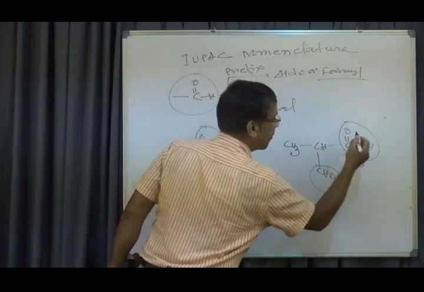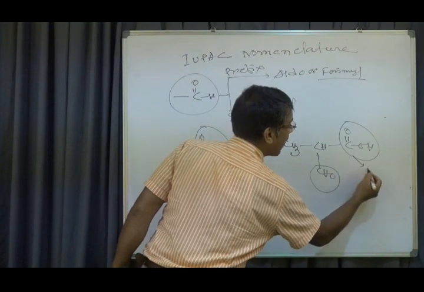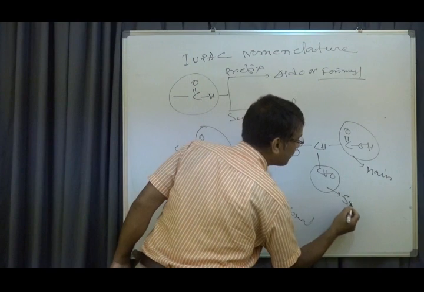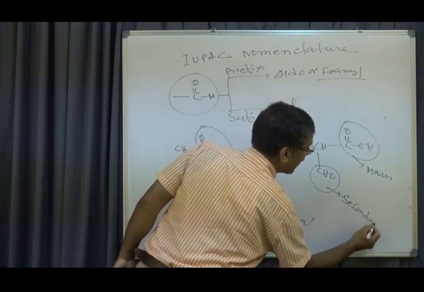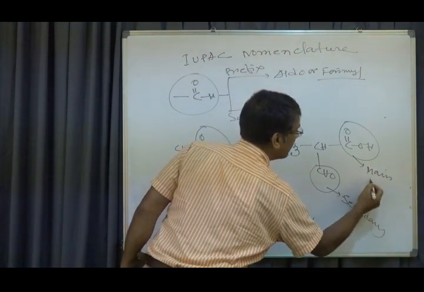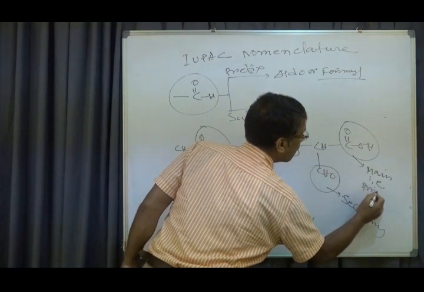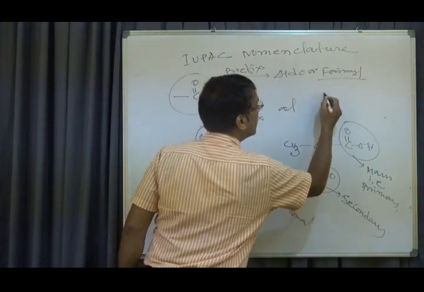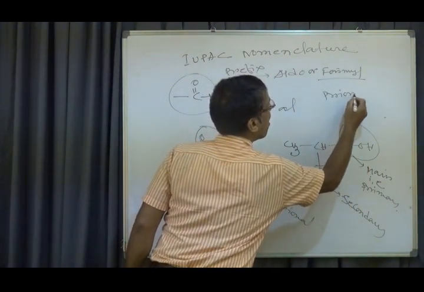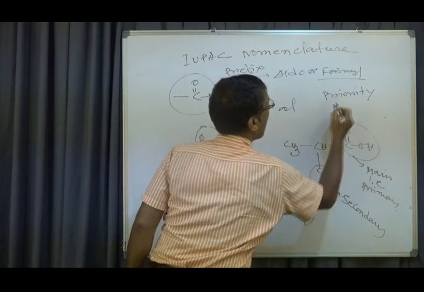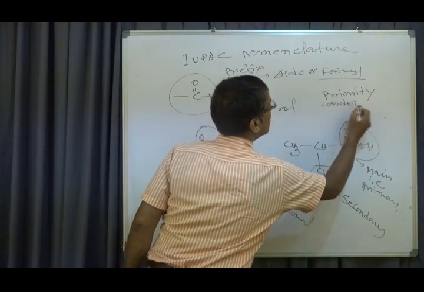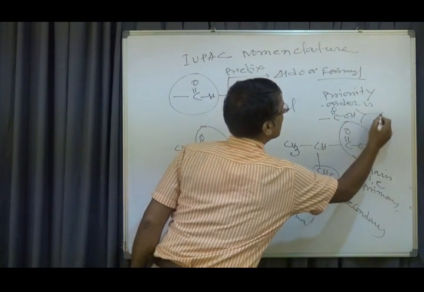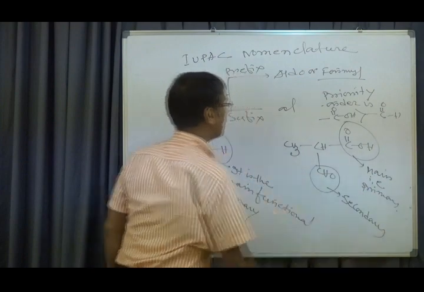So in priority order, the carboxylic group is main, primary, and the aldehyde is secondary, because the priority order is carboxylic acid greater than aldehyde functional group.